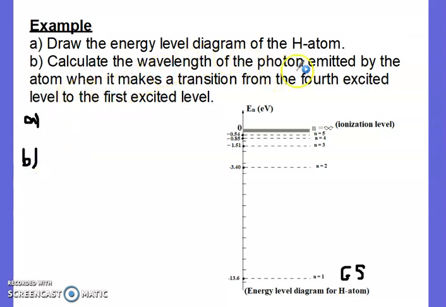calculate the wavelength of the photon emitted by the atom when it makes a transition from the fourth excited level to the first excited level. Means the atom will lose energy. Fourth means n equal to 5. First means n equal to 2. From this level to this level.